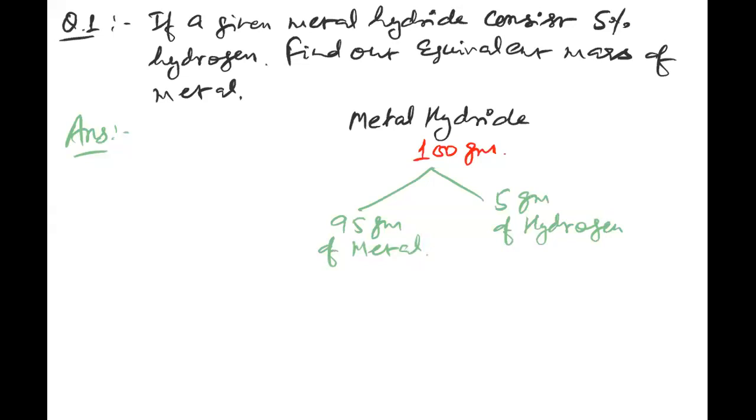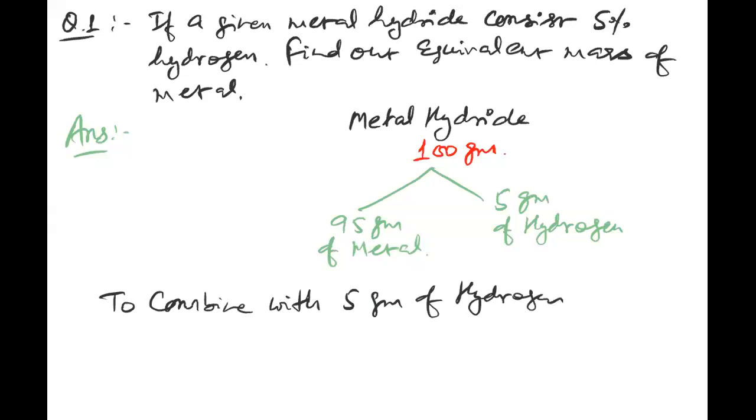As per the definition of equivalent mass, to combine with 1 gram of hydrogen, 5 gram of hydrogen can combine with 95 gram of metal.